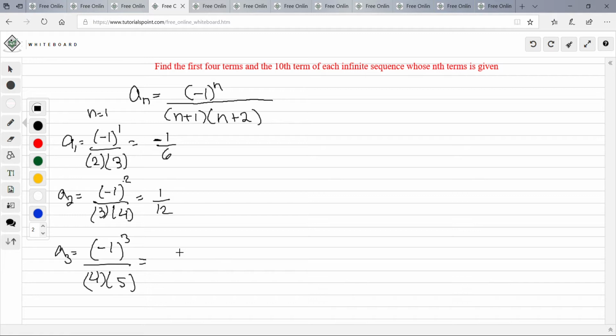So that gives us negative 1 over 20. For the fourth term, it's negative 1 to the 4th. 4 plus 1 is 5, 4 plus 2 is 6. So a to the 4th is positive 1 over 30.